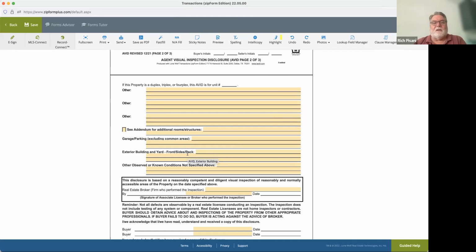The exterior also, you need to go around and look at. Are there sidewalks that are uprooted? Could be a trip hazard. Is there stucco missing? Are there holes in the stucco? Is a shingle falling off the roof? I mean, these are all things that you would notate. Somebody asked, what's an example of weather conditions?